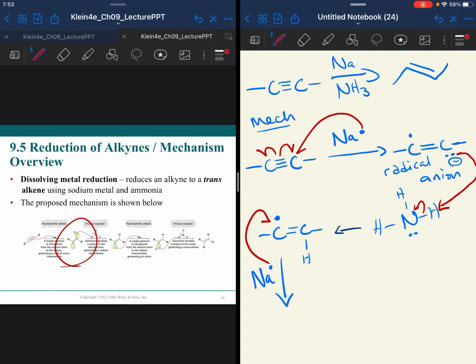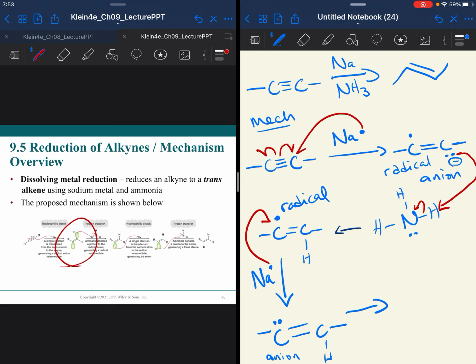Radicals are relatively unstable, and electrons would rather be paired in this instance. And so we wind up making an anion intermediate. All right, so we go radical anion, to radical, to anion. So there's 3 types of intermediates in this mechanism. It's a pretty cool mechanism, right?